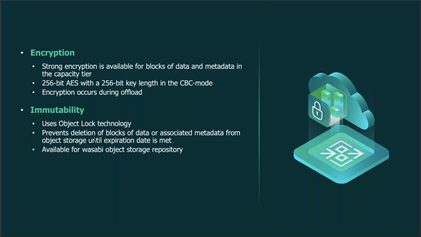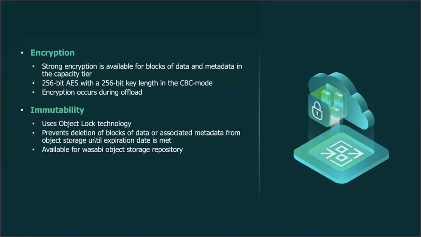And essentially what it's doing is locking each individual object instead of locking a whole bucket, because there'll be periods of time where data within a bucket, some of it may need to be locked, some of it may not. So object lock gives you that finer granularity to be able to do that kind of locking. And as you can see, it also prevents the deletion of those blocks of data or objects and any metadata associated with it until that expiration date is met. And this is available now for the Wasabi object lock buckets.